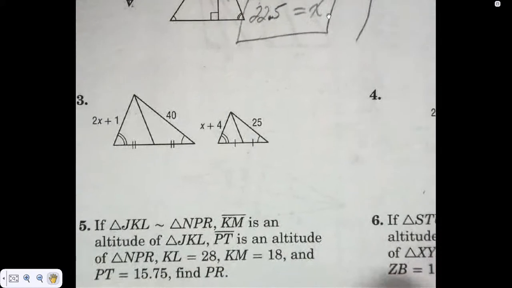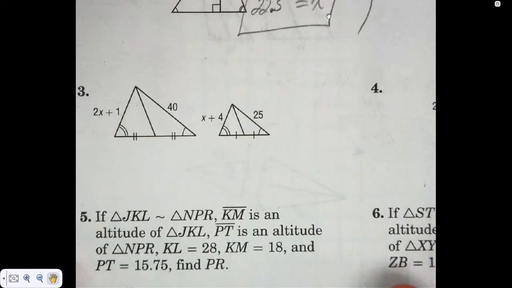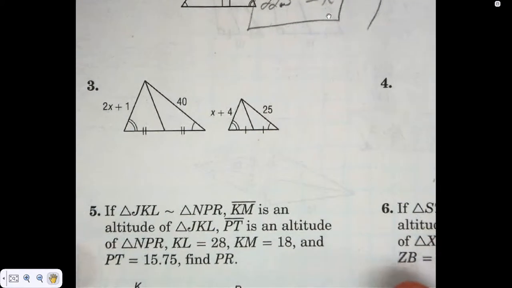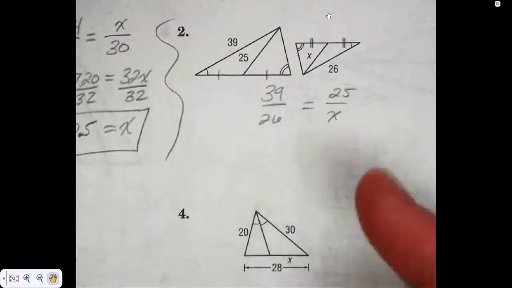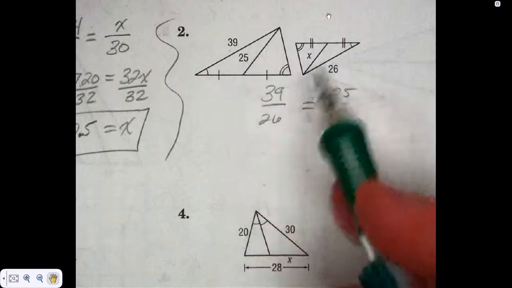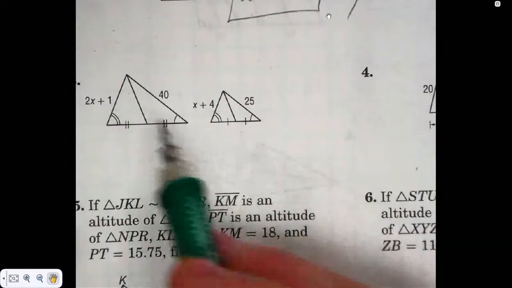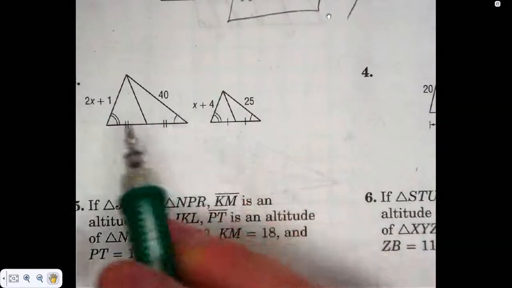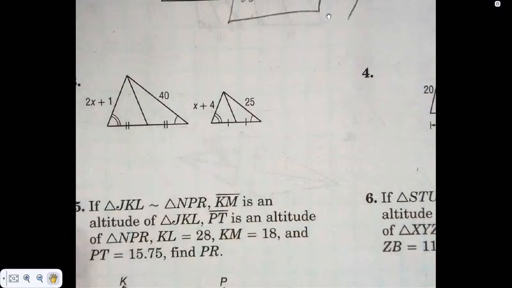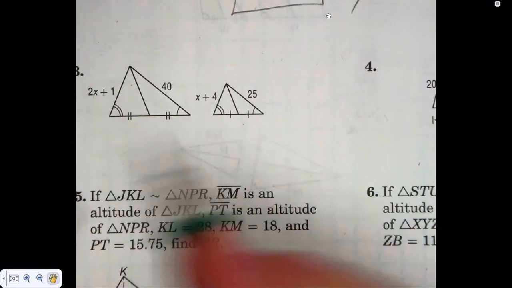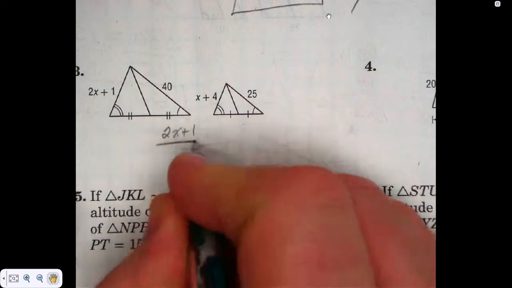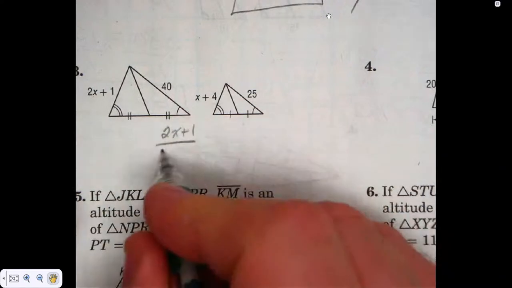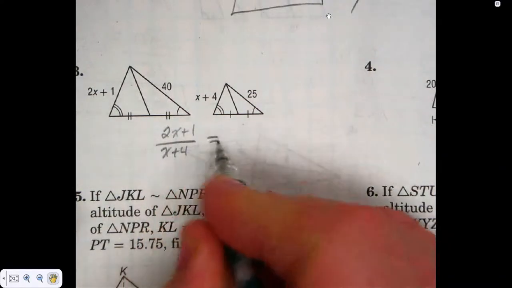Okay, let's look at this one. What did they do to us here? They tried to confuse you. They gave you a median, didn't they? Oh, and by the way, this was a median here, was it not? They gave you two medians here, but they don't tell you anything about it. But still, can I write a proportion here? What could I write? 2x plus 1 over what? x plus 4 would equal what?